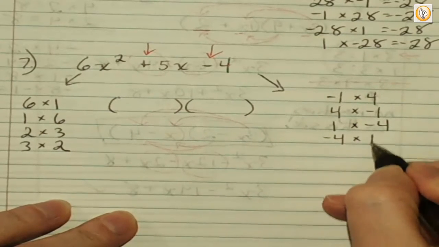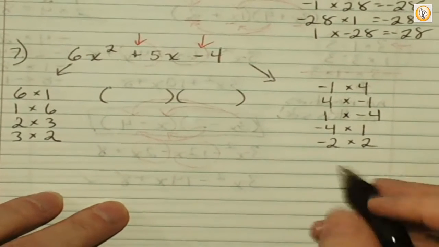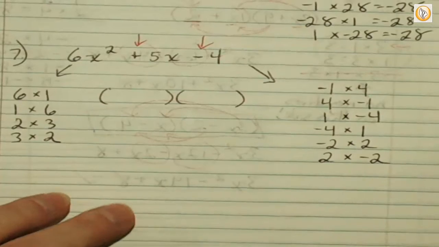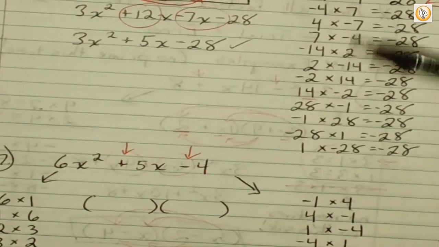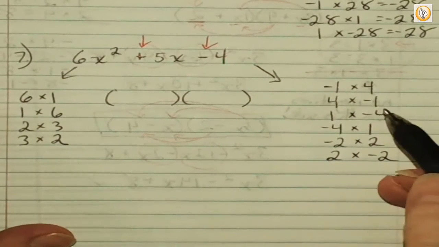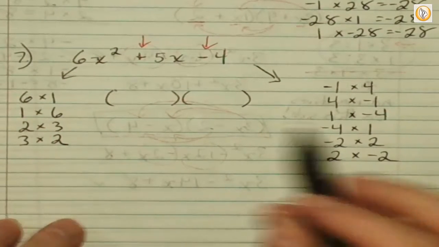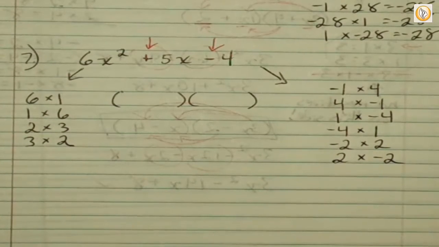Or you could have -2 and +2 on that side, or you could have the +2 and the -2 on this side. At least it's less than the others. It's definitely less factors than that one. But we got to figure out which combination, when worked together, is going to give us just a +5x. So let's just guess.